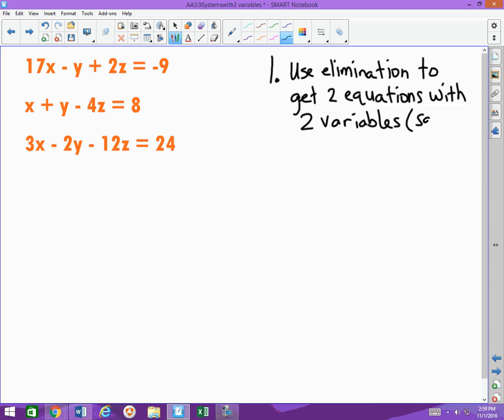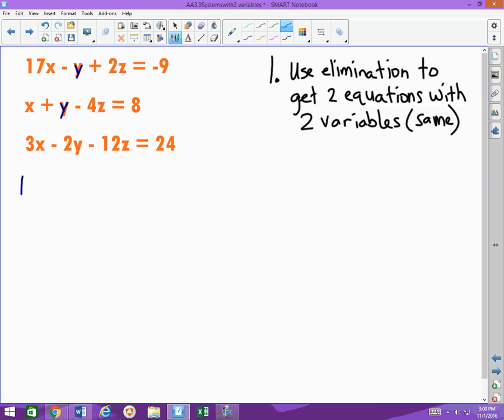And the variables have to be the same too. So when looking at this example here, we have to figure out a variable to eliminate. You can eliminate whichever one you want, x, y, or z. Looks like here y, they're opposite of each other already, so let's eliminate y.